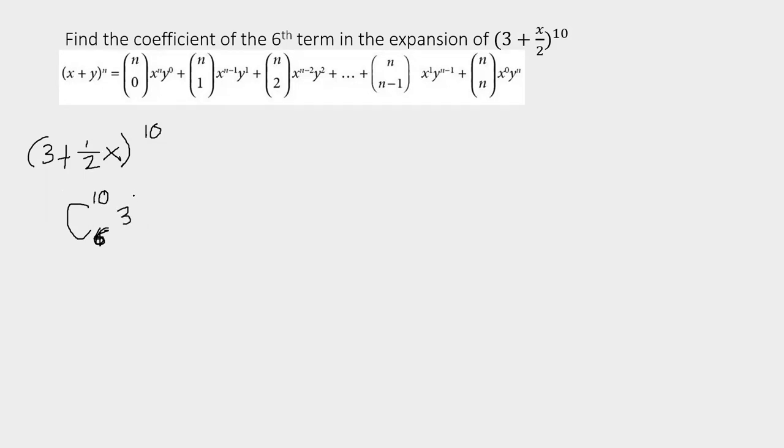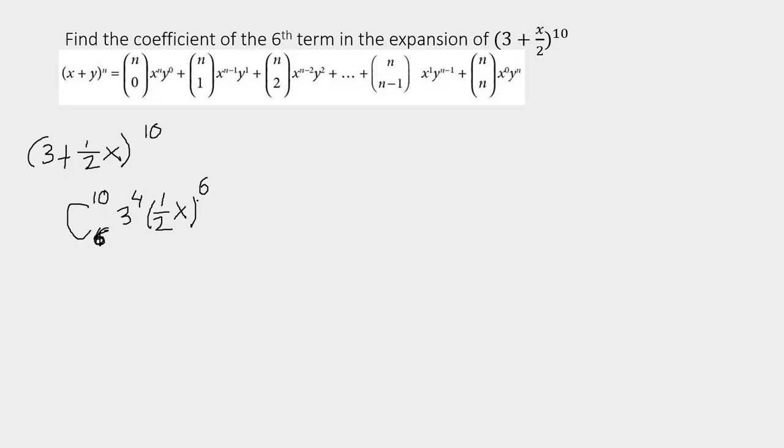Next, 3 to the power 10 minus 6 equals 4. And now look at this, a half x to the power 6.